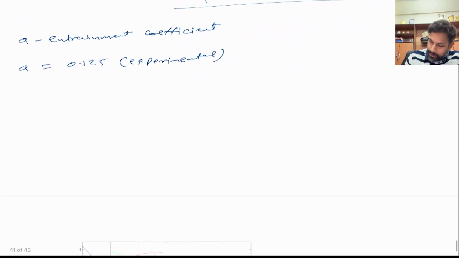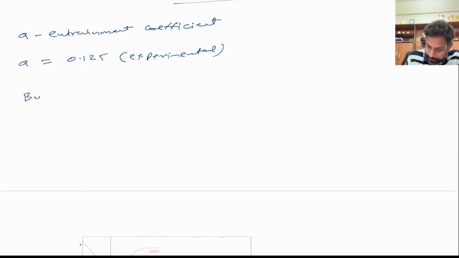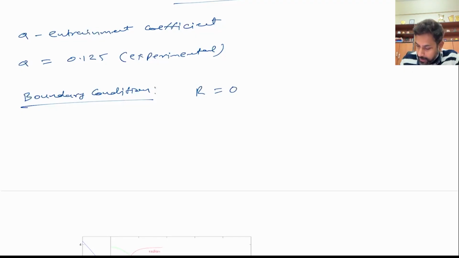So one of the boundary conditions here is that we assume the radius R is equal to 0 at Z equal to 0. That is the dimensional radius of the plume and Z is the dimensional height. So this actually gives us R hat is 0 at Z hat at 0.